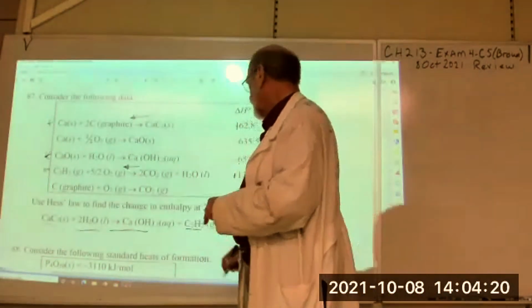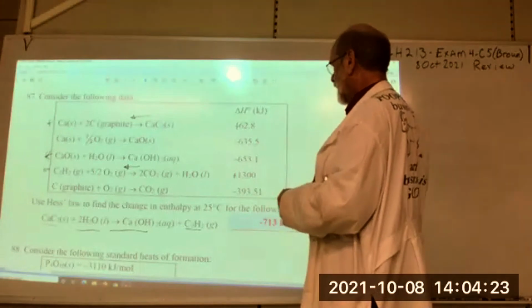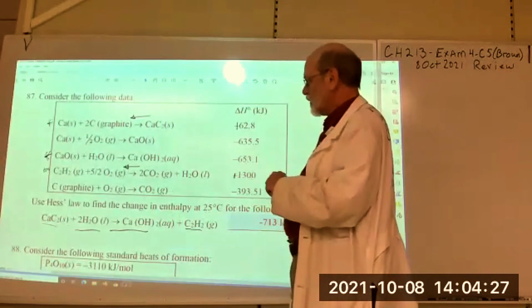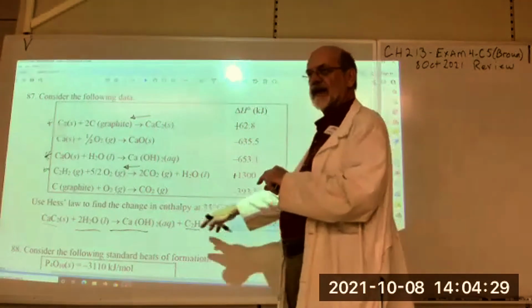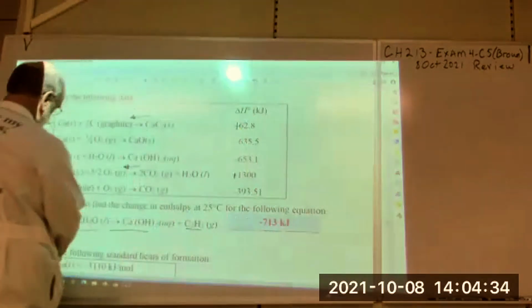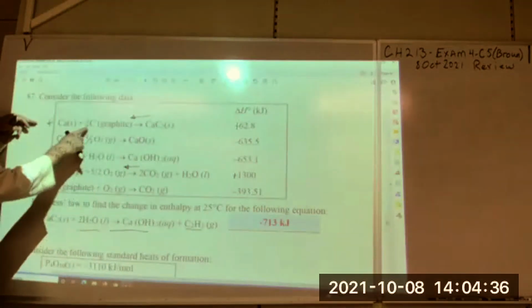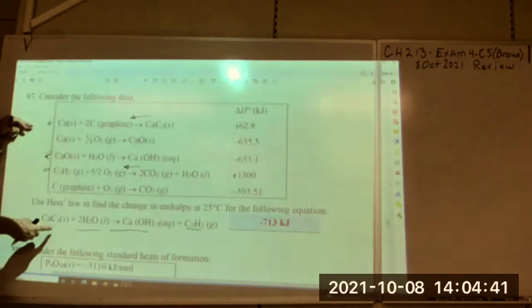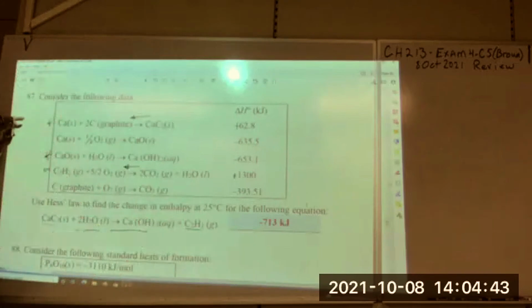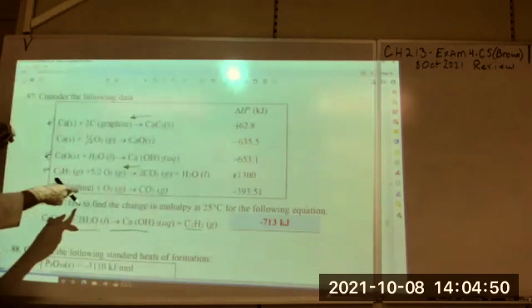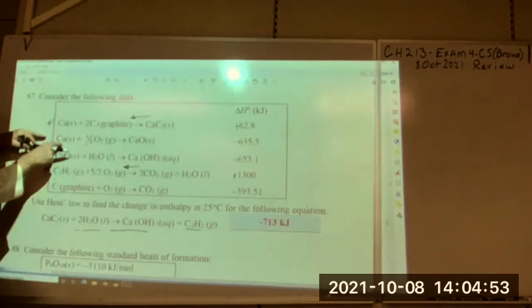Okay. What about the others? Well, these might have to be used to cancel terms out of the other three. Because calcium carbide here is okay, but there's calcium and carbon, graphite, right? Is there any calcium or carbon graphite in there? No. So now that this calcium and carbon graphite are on that side, we need calcium and carbon graphite on this side.